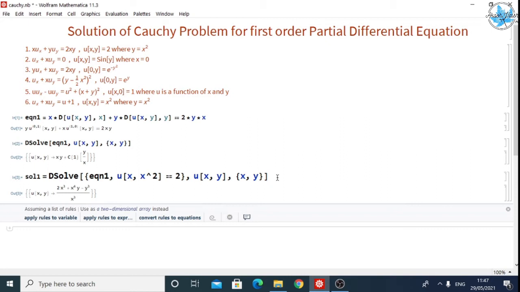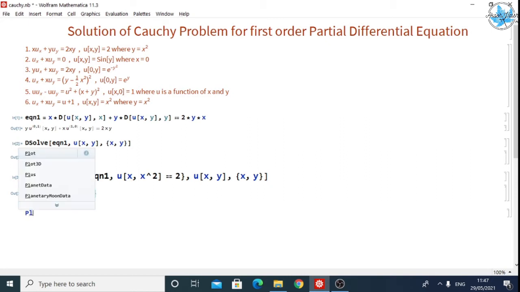Now we will plot the graph. It is a two variable function, so I will use the Plot3D command.